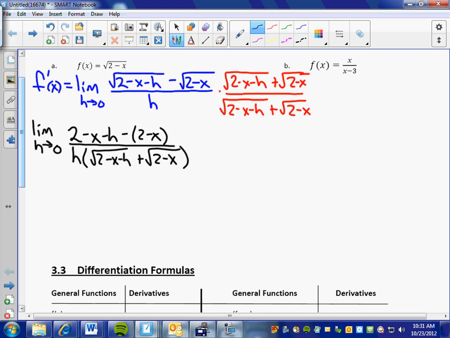Is everybody okay so far with that? Do you see how I got the top? The bottom is just like it was. There's no difference in the bottom.